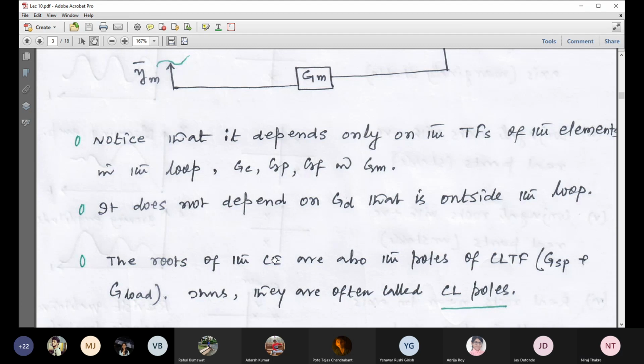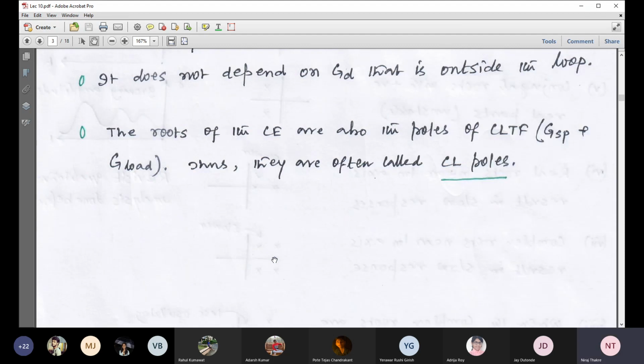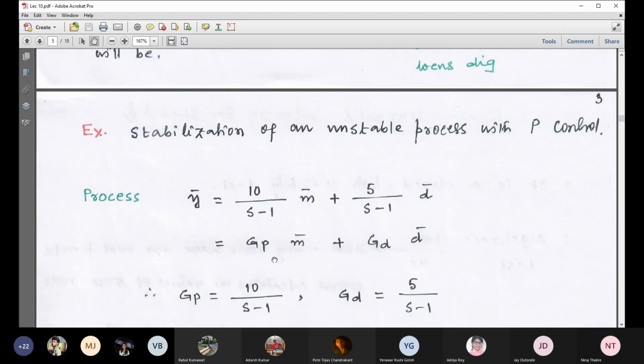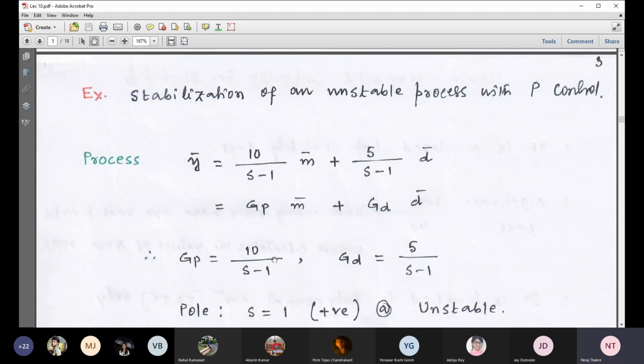Fine. So let us discuss one example on this. Our open loop process is unstable, and we want to stabilize it by using a proportional controller. Now, the question is, at what condition can we stabilize this process?